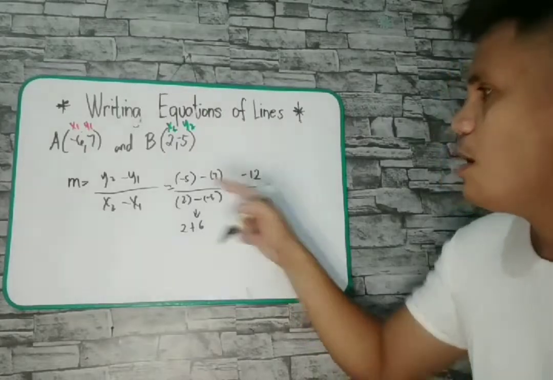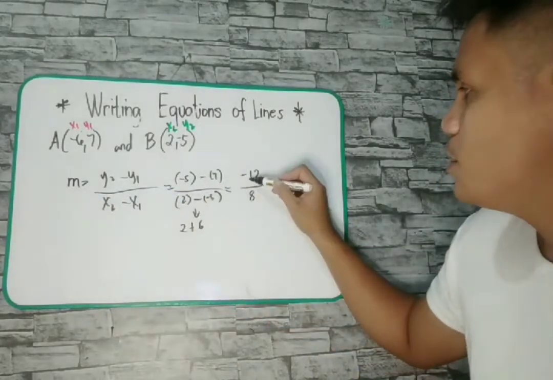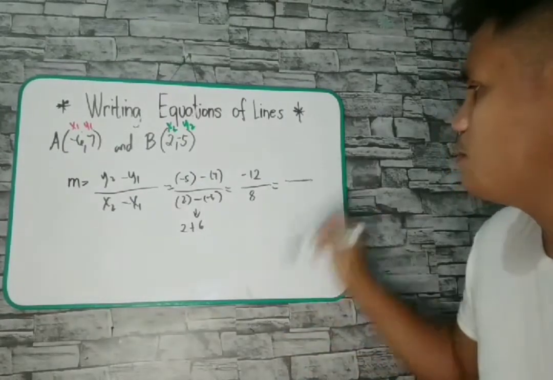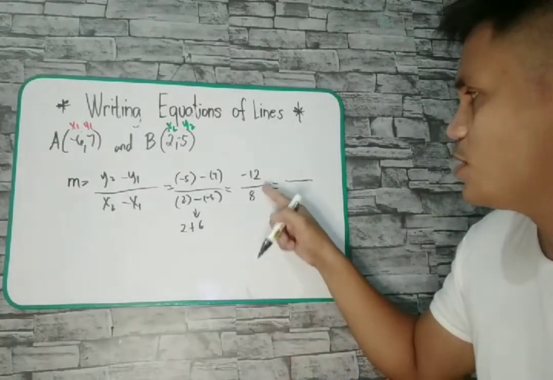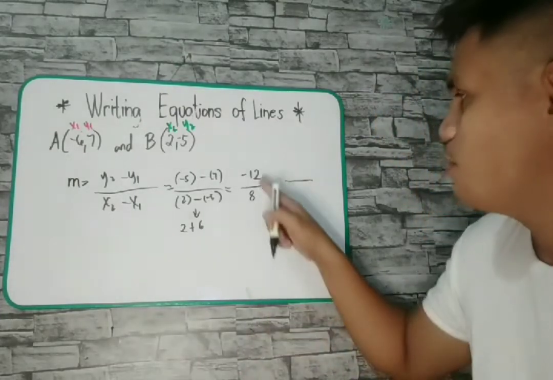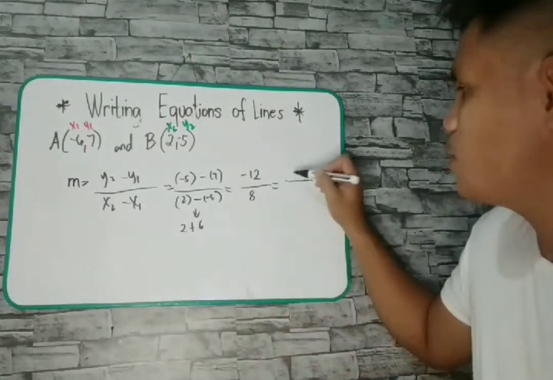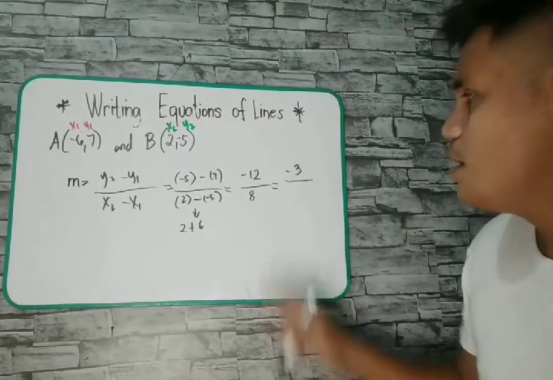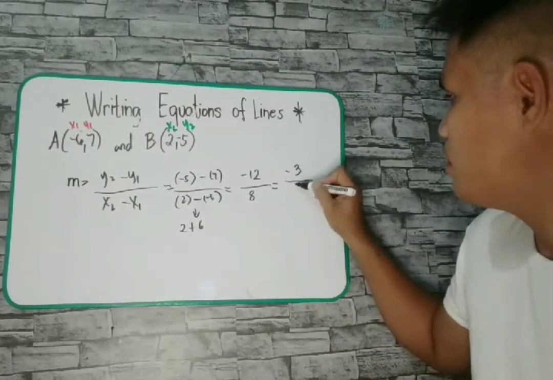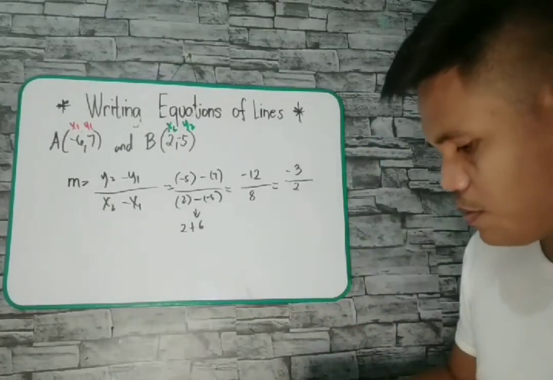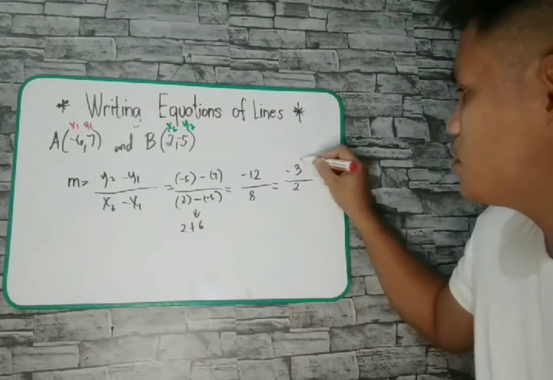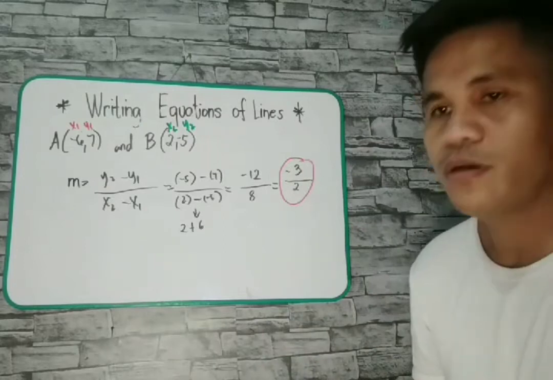Meaning to say, our slope will be negative 12 over 8, or we could simplify this into lowest terms, which 12 and 8 are both multiples of 4. So we can divide both numbers by 4. 12 divided by 4 gives negative 3, and 8 divided by 4 is positive 2. So the slope of these 2 points is negative 3 over 2.